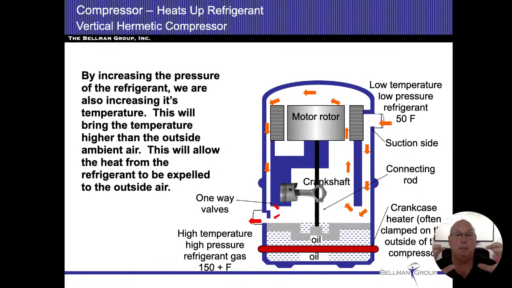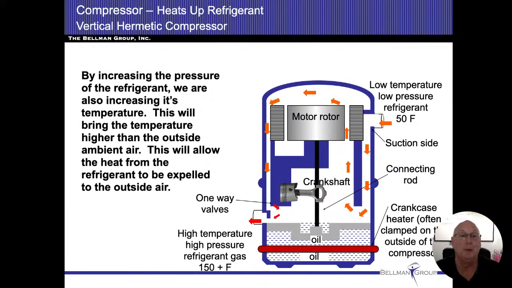If it comes in as a gas, and the only thing that can go through these air compressors is a gas, it comes in at 50 degrees, but once I pressurize it, it's going to leave at about 150 degrees. So just by pressurizing that gas, we increase the temperature by 100 degrees.